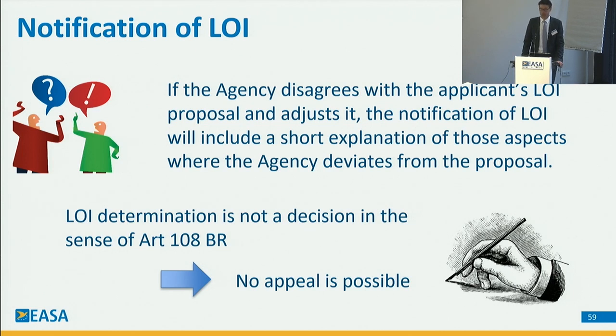What does it mean? There's no possibility to appeal. And if you think about it, it makes sense. It's just we want to determine on a risk-based approach where we should be involved. If you're not happy with our involvement, bad luck, but it's our involvement. So there is no right to appeal for that.